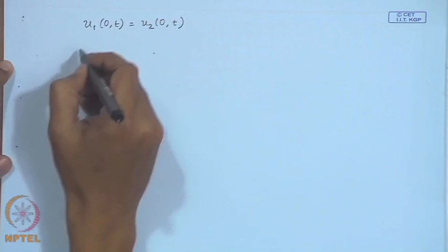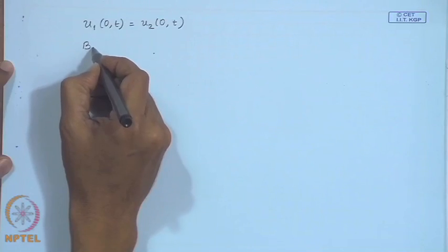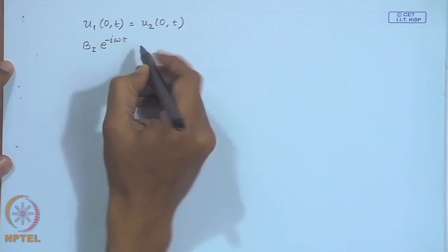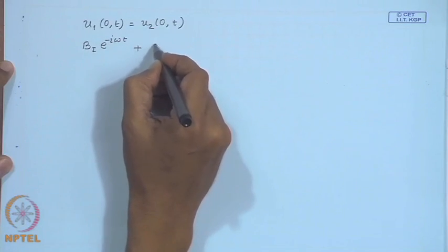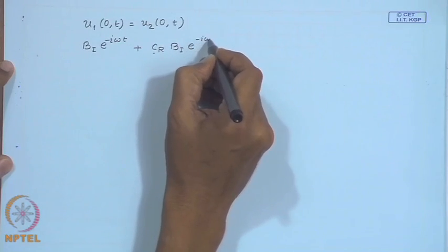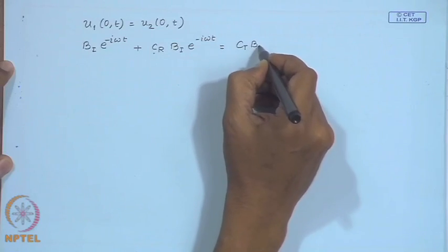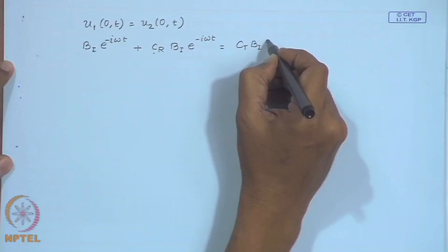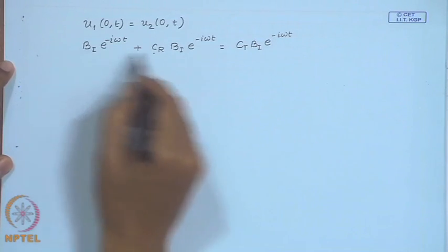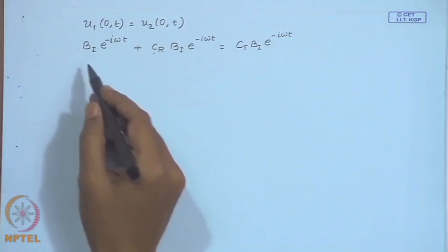So, if you substitute u 1, so, now all these frequencies have to be the same as we have already assumed.